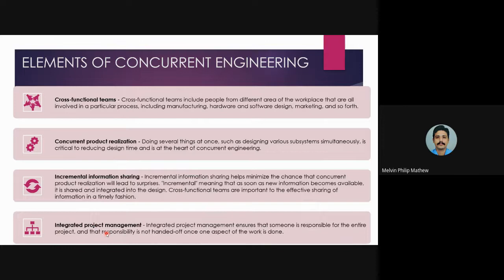Next is integrated project management. It ensures that someone is responsible for the entire project. A person who oversees the operations inside a concurrent engineering setup is present, and he or she is not entitled to do the work, but oversees the procedures that are done for faster production and with better results without any failure.